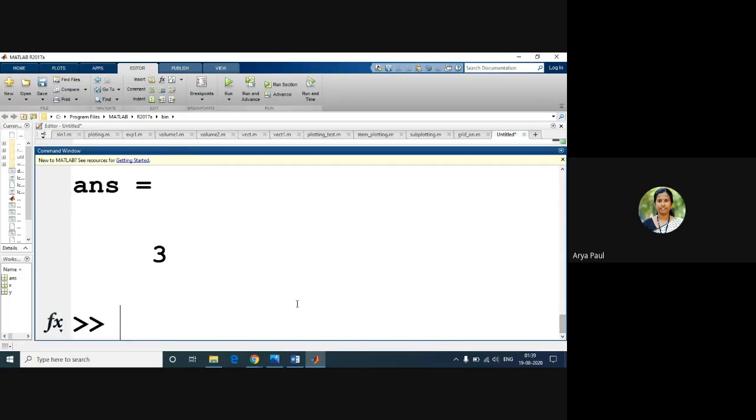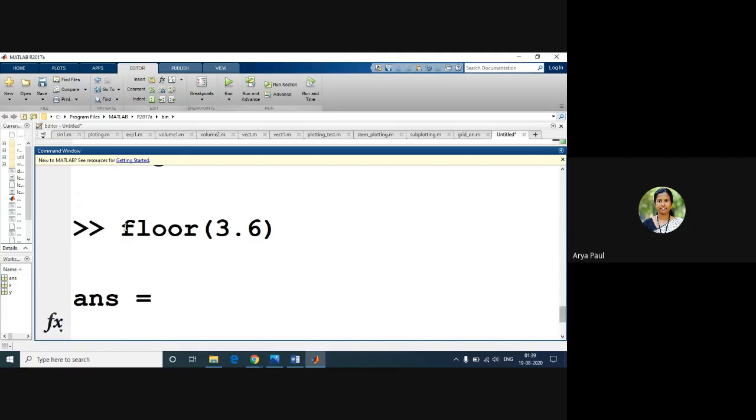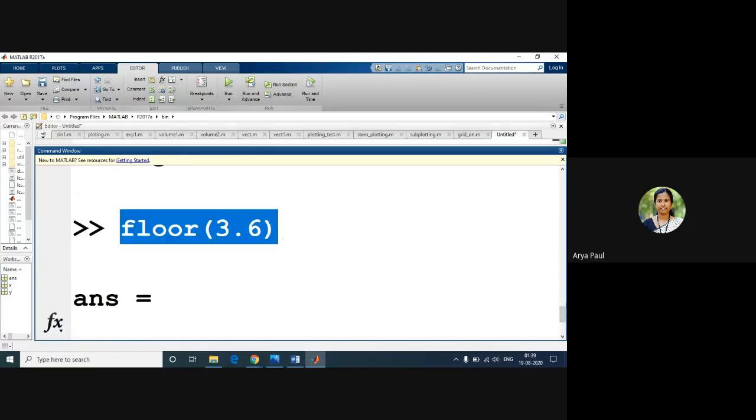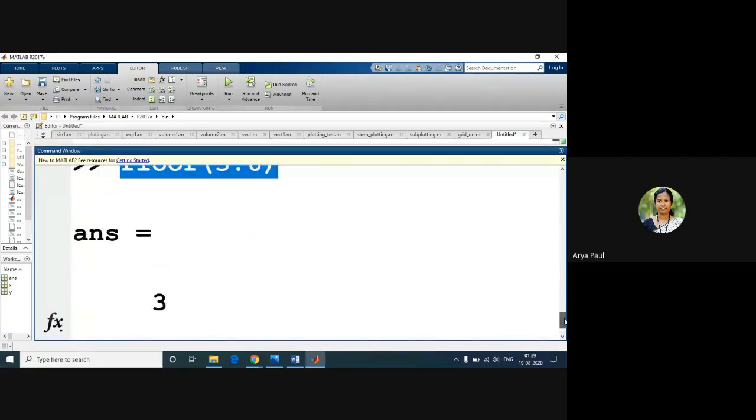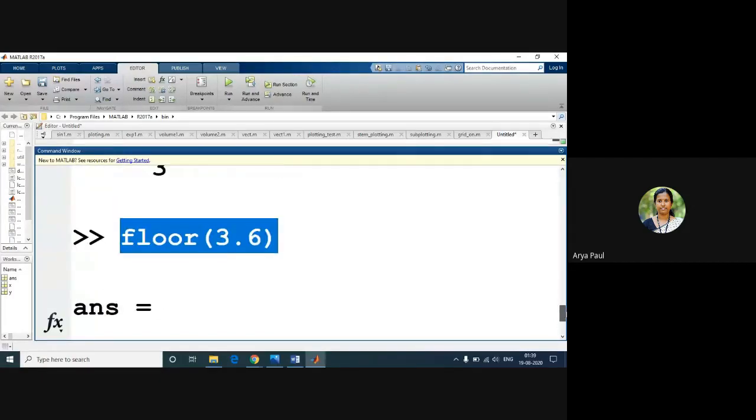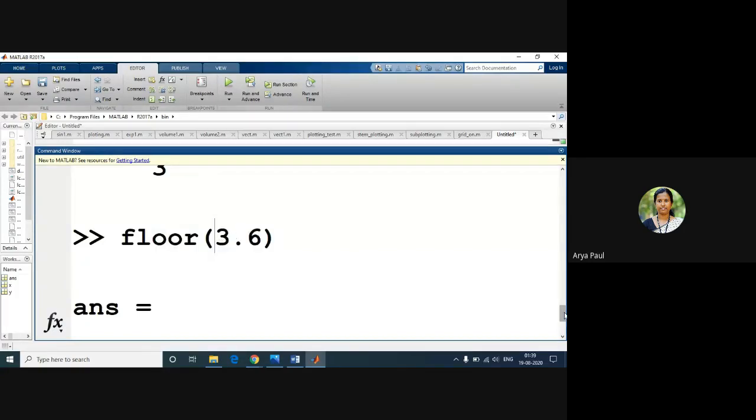Next, floor of 3.6 will also be 3. So it is rounding to the lowest integer.